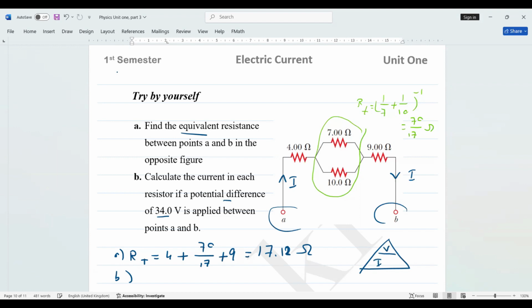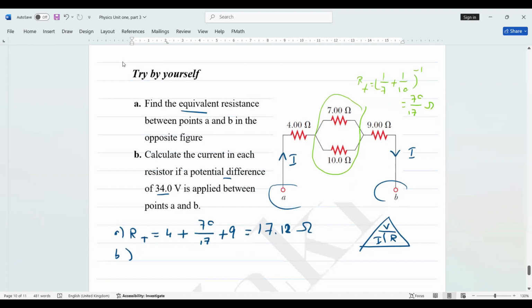V equals IR, then I total. So I equals V total over R total. V total is 34 divided by R total, which is 17.12. So we write 34 divided by the answer.